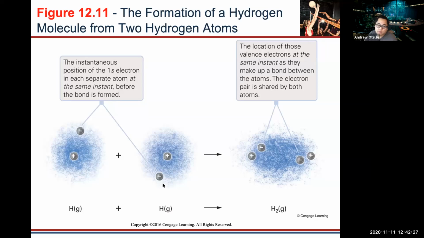So they combine, they share their one electron from each atom, and now they form an overlap of orbitals where these electrons are attracted to both nuclei of the two hydrogen atoms. So this electron pair is shared by this nucleus and this nucleus. So this forms the H2 molecule.